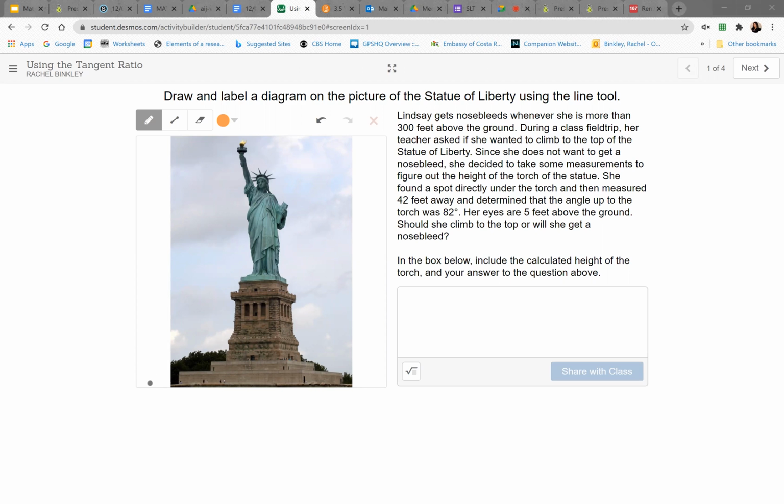So let's draw this out. I can write it here. So let's pretend that she's standing here. This is Lindsay. And we know she said that she was 42 feet away from the torch.